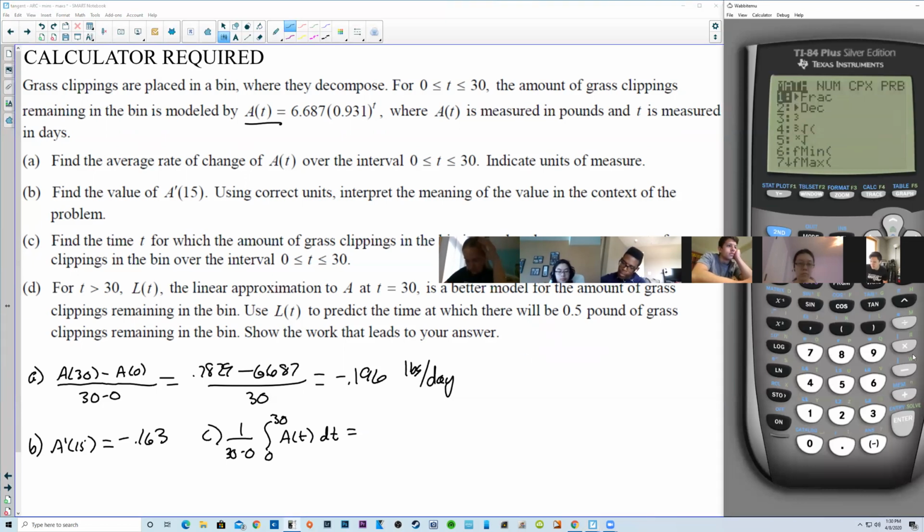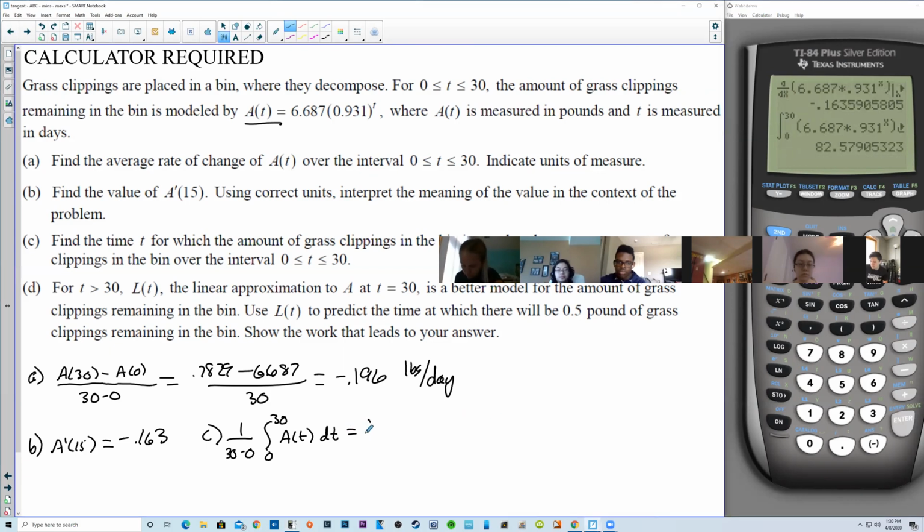So we're going to go math number 9, 0 to 30 of this function. I know the calculator part's a little tedious. Times 0.931 raised to the t with respect to x.